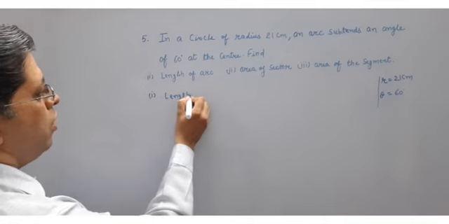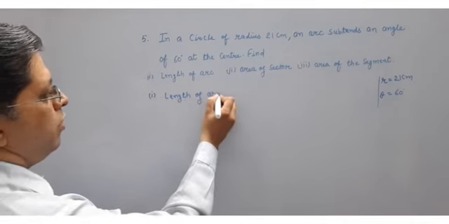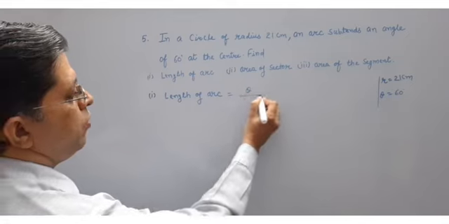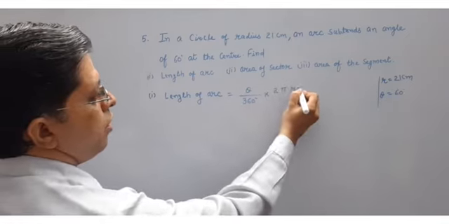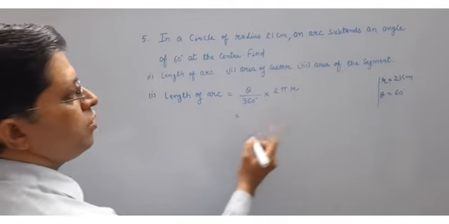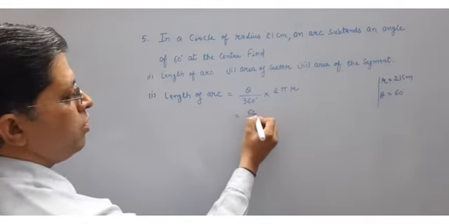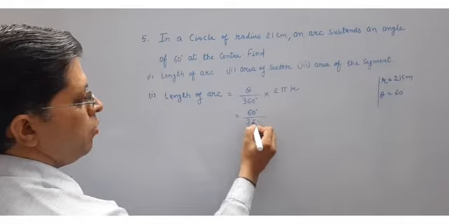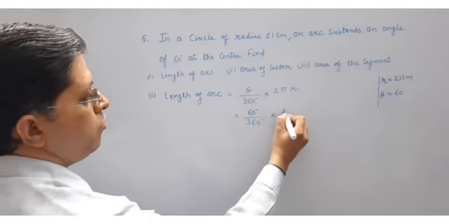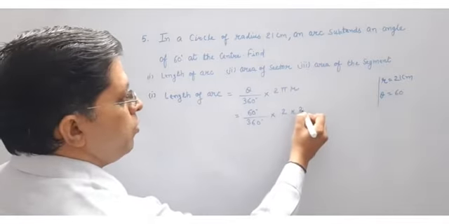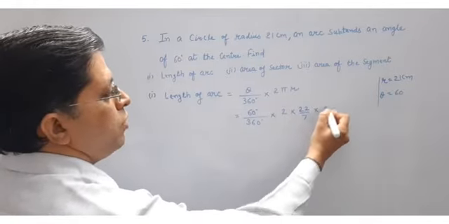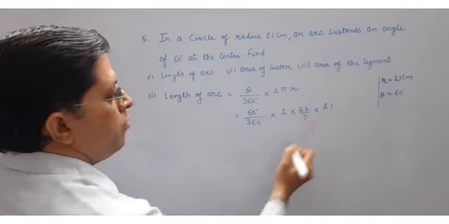Length of arc is equal to theta upon 360 degree into 2 pi r. Okay, theta is given to you, 60 degree. You put theta 60 degree upon 360 degree into 2. What is the value of pi? Pi is 22 upon 7. And what is r? r is given, 21.